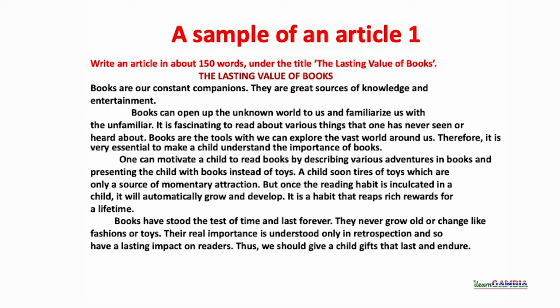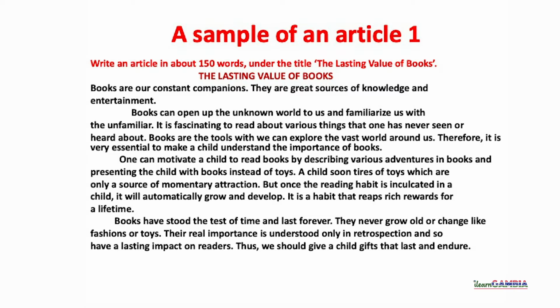One can motivate a child to read books by describing various adventures in books and presenting the child with books instead of toys. Now before you engage in giving toys to your children, engage them with books that they can read and then they can get something. Now we move on. A child soon tires of toys, which are only a source of momentary attraction.